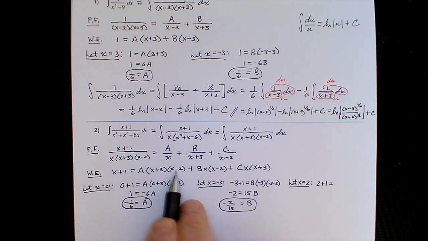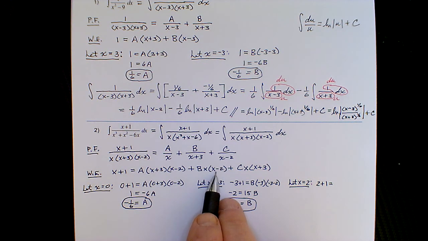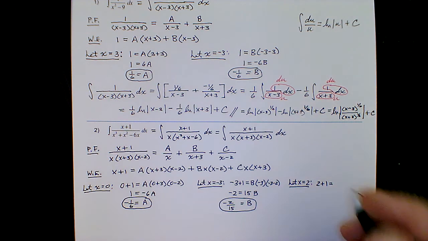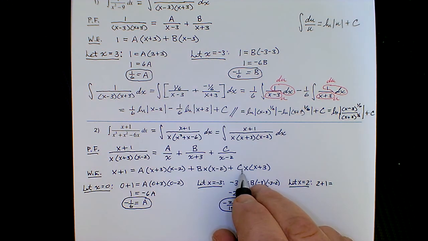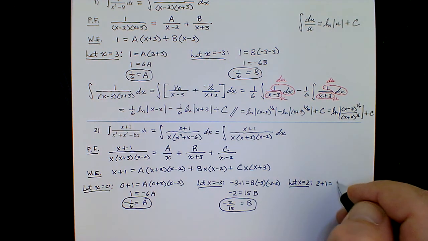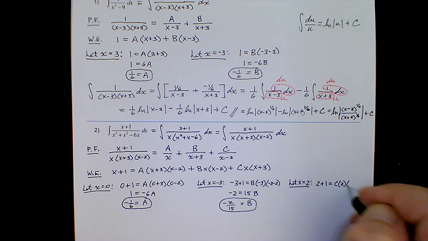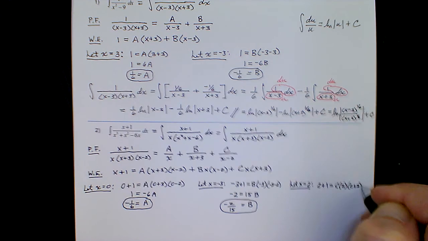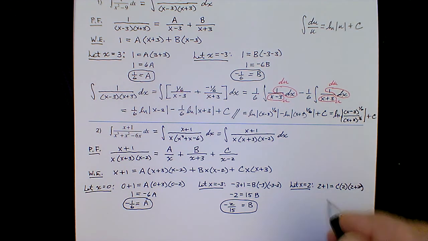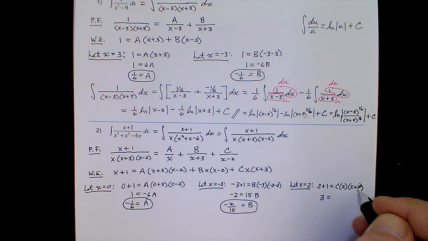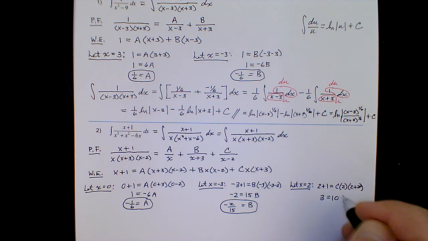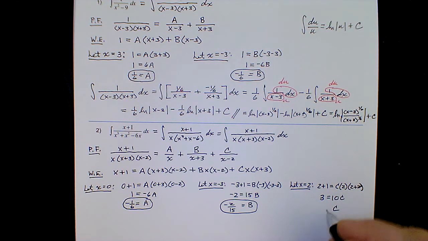The term containing a and the term containing b both go to 0, because x minus 2 is a factor, and we're letting x equal 2. So then into the term containing c, we have c times x is 2 times 2 plus 3. So we get 3 is equal to 5 times 2 is 10, so 10c, and c is 3/10.